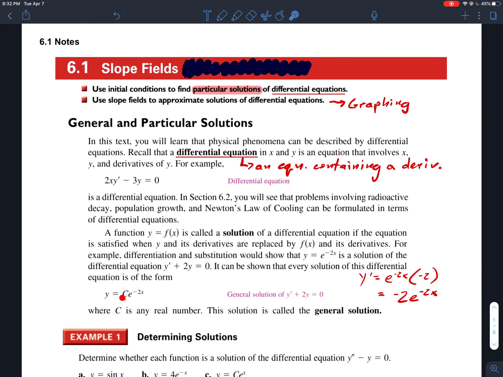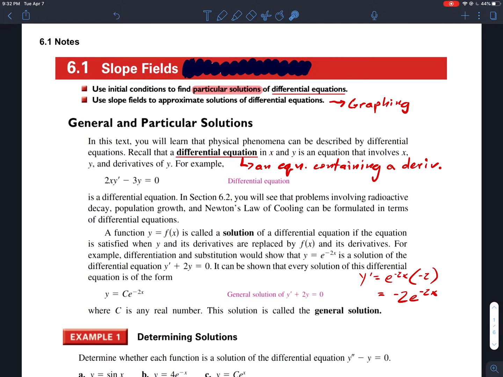And so if it's any constant, then that's what we call the general solution. So if there is a constant, it's a general solution, if there's a variable c unsolved for. But if we know what that constant in front is, in this case it's 1 right here, then that is the particular solution.